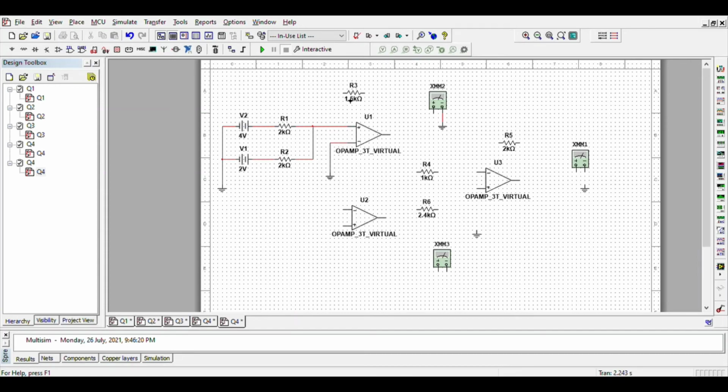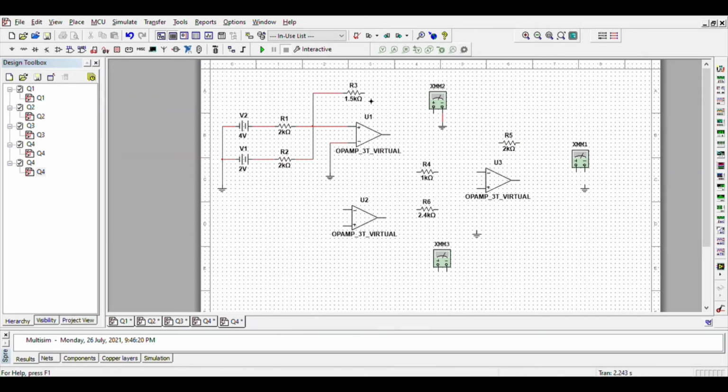Okay, then R3 will be connected to here. Okay, like this.